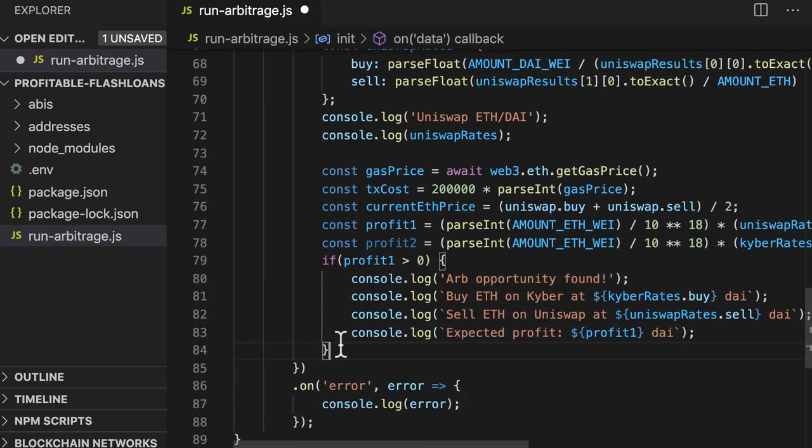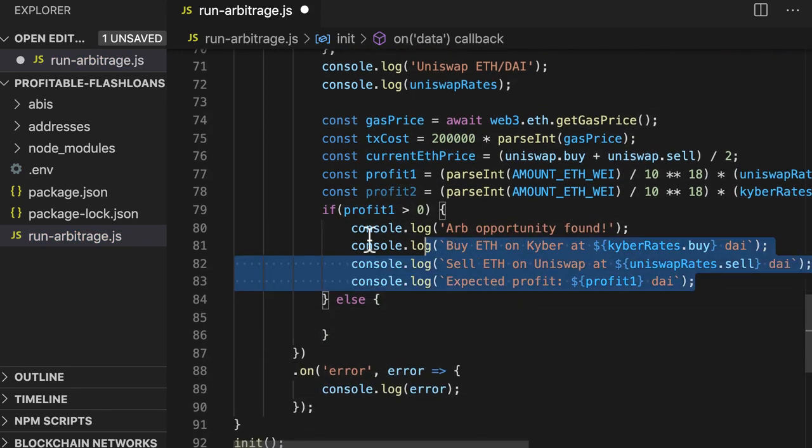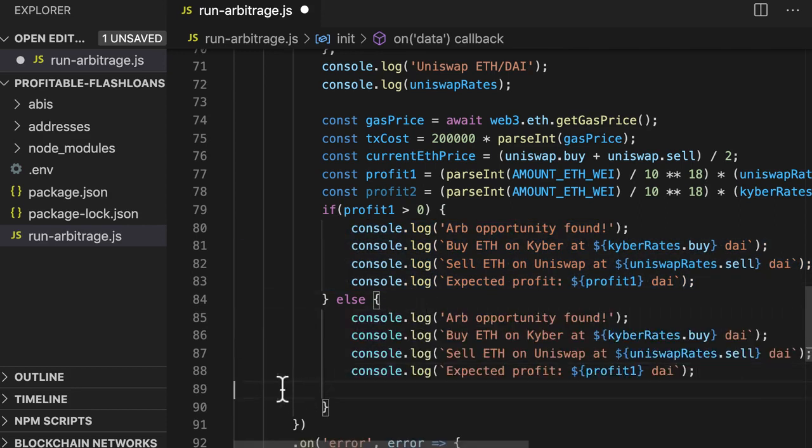And for the other way around, from Uniswap to Kyber, we just copy paste this, and we're just going to modify a few details.